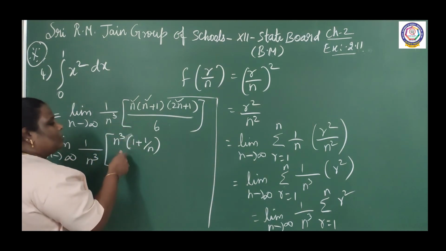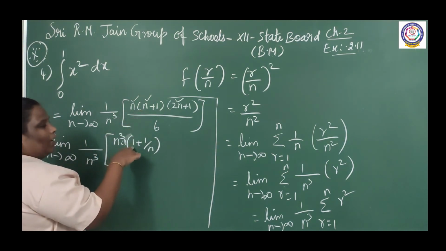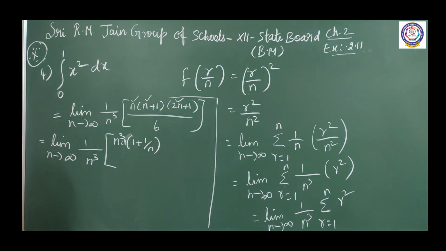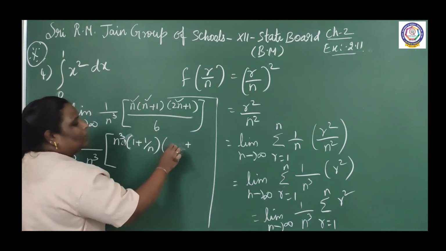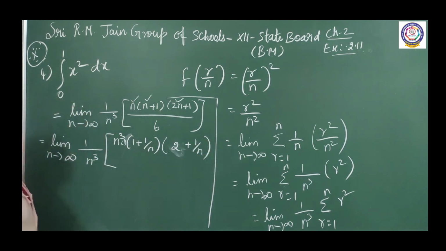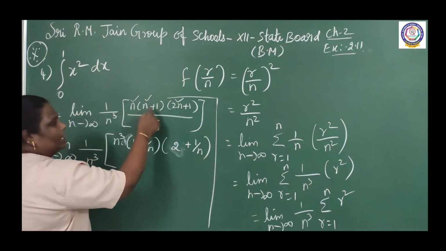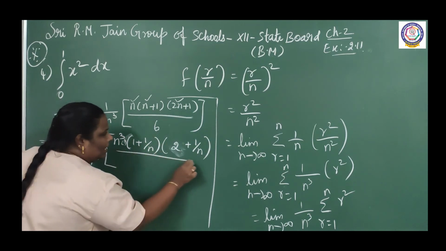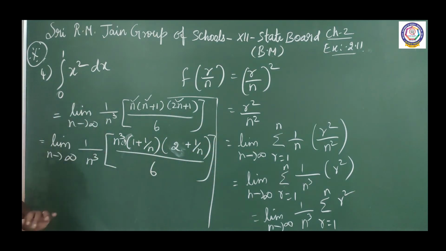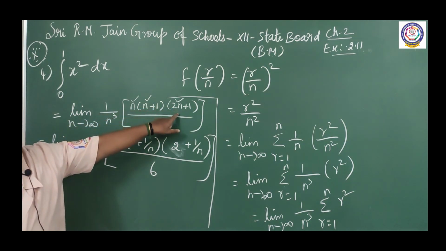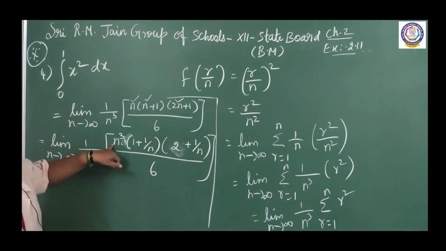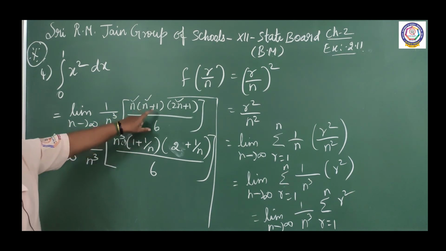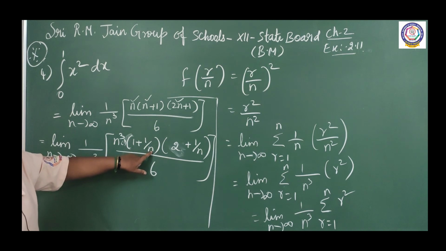So n moves out, it gives 1. There is no n term, so I write it as 1 by n.